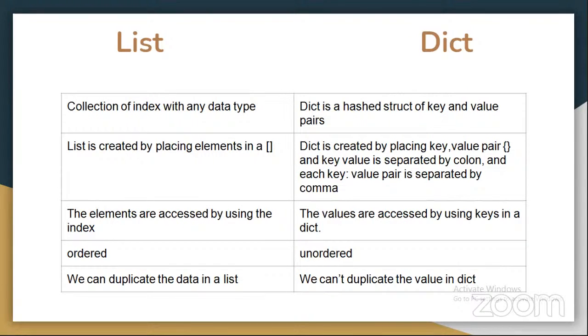Just hold on. In dictionary, the values are accessed by using keys. In dictionary data type, we are having key value pairs. By using key, we can access a value easily, in the fastest way.